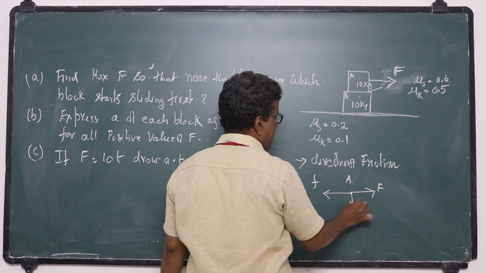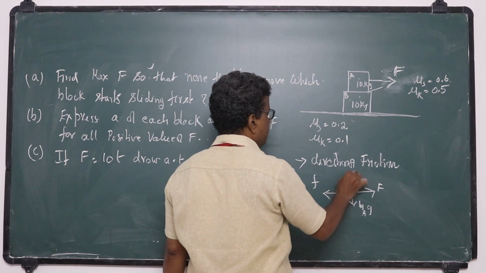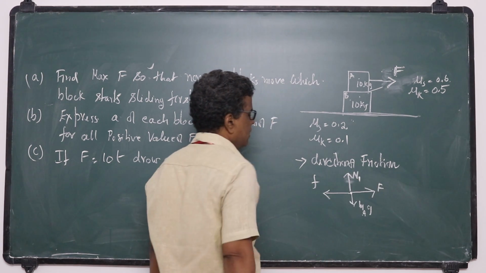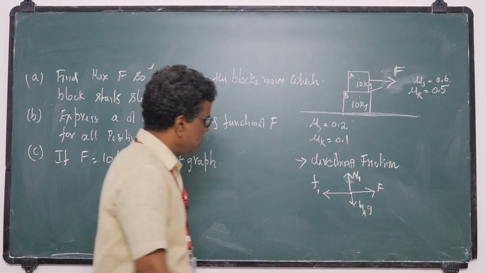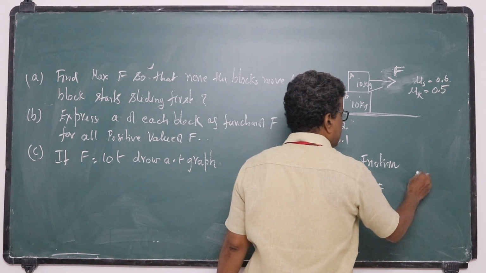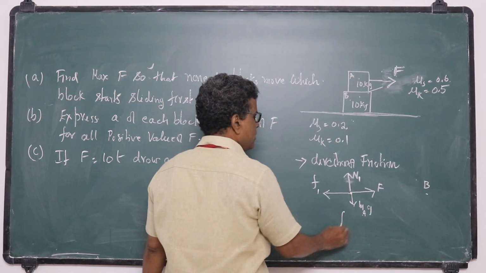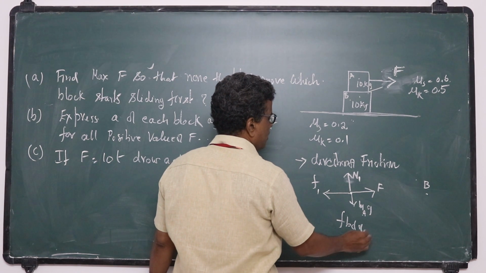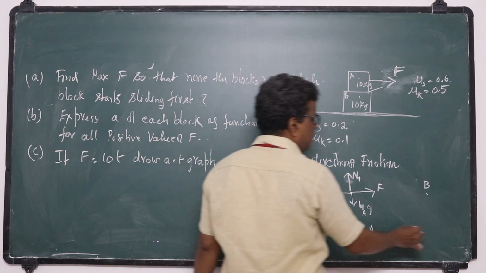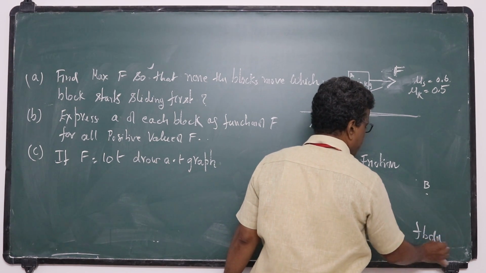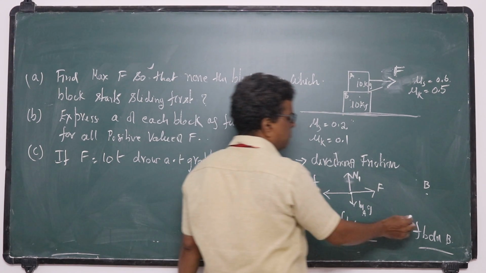Now its weight m1 g is down and the normal reaction is up. This frictional force, let it be F1. So you draw this FBD. This is the FBD of A. I want the FBD of B. So what are the forces acting on B?